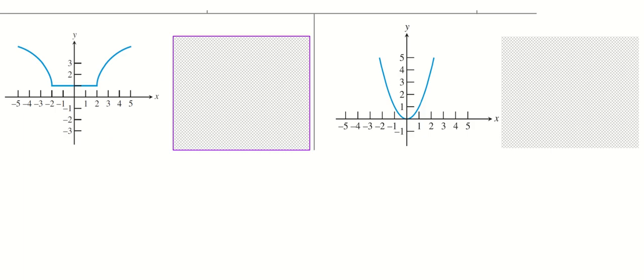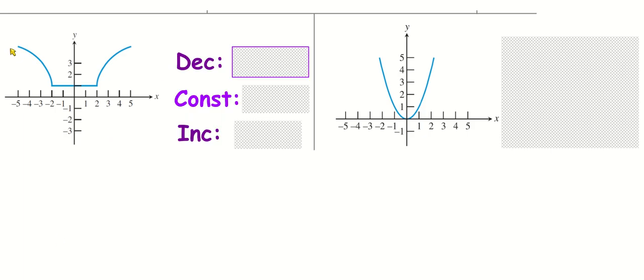So this one is going to be decreasing, but when it gets to here, it'll be constant until it gets to this x value, and then it becomes increasing and goes up. So we would say that the interval for decreasing is from negative infinity to negative 2.